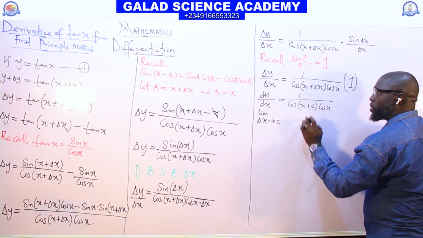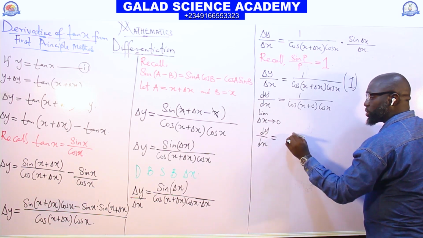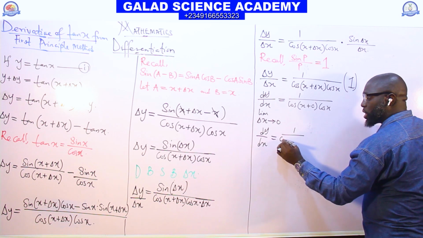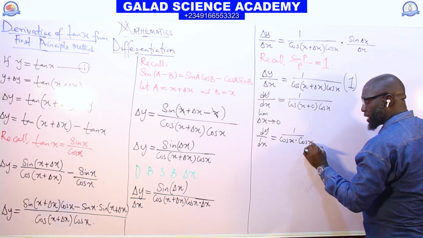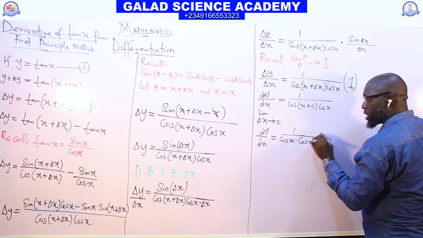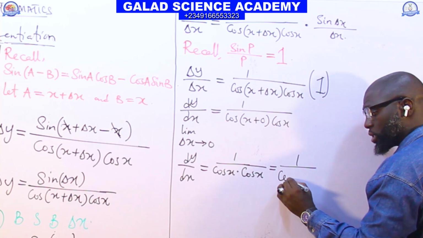This is x tends to 0. You will now have dy dx equal to 1 over cos x dot cos x. What is cos x times cos x? It gives us 1 over cos square x.